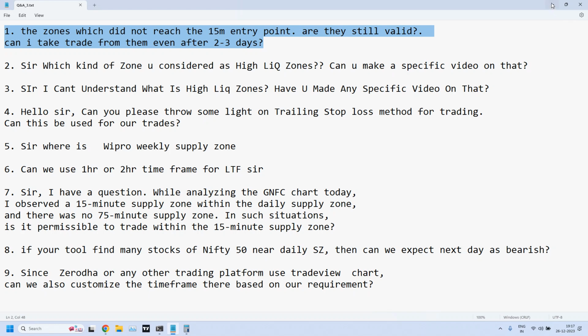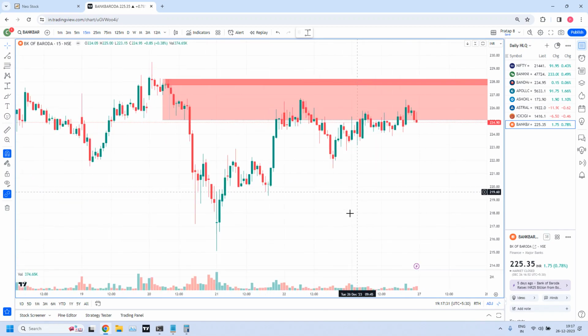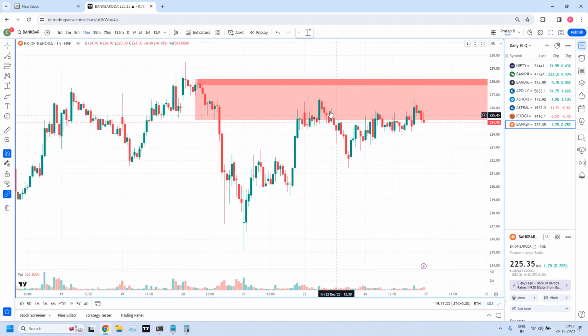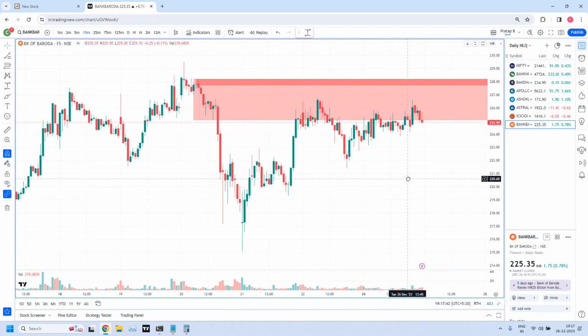Okay, so what I understood is, for example, look into this. Price did not reach this, so today this zone is missed. Now his question is, after 2 or 3 days, prices are entering into this zone, can we take a trade? My advice is don't take trades.